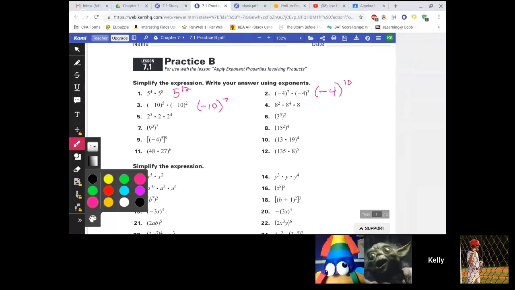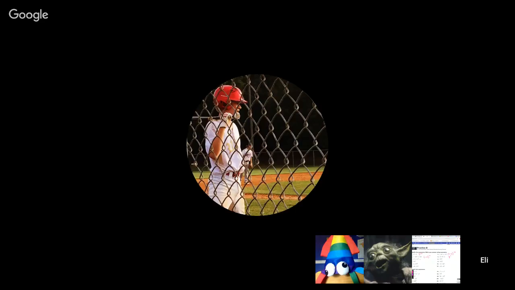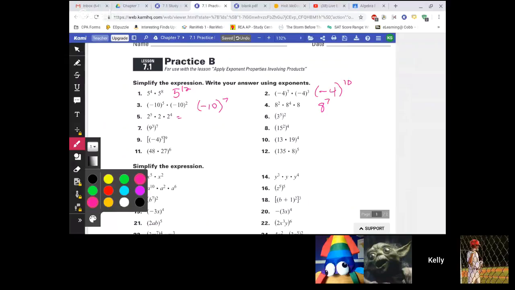Number 4, adding straight across, 2 plus 4 plus 1 is 8 to the 7th. Are you seeing where I'm getting all of these? Yes, ma'am. Okay, and don't forget, when there is no exponent, it's an assumed 1. So number 5 is 2 to the 10th.